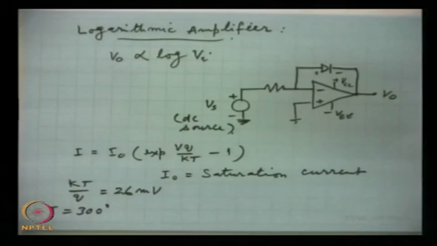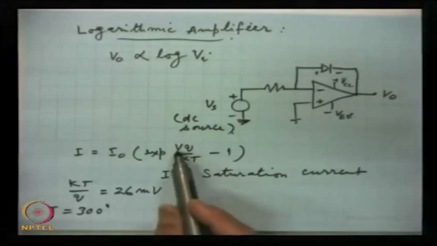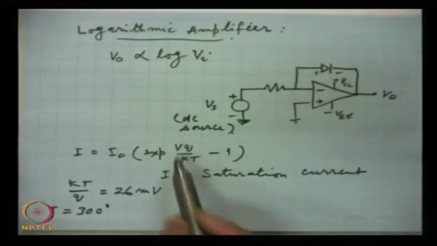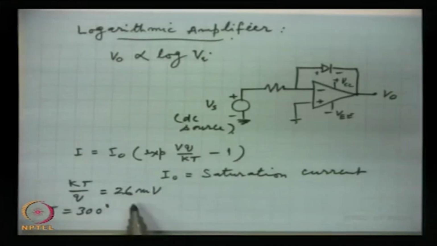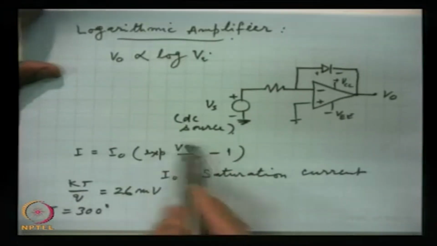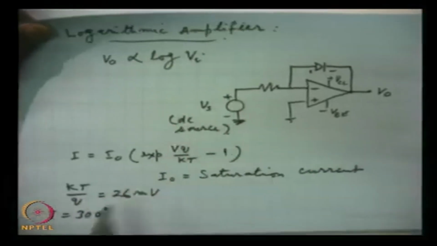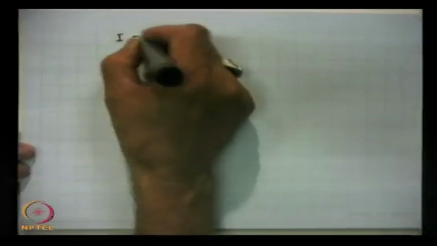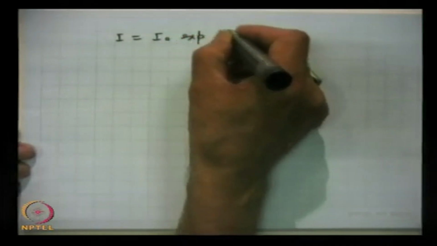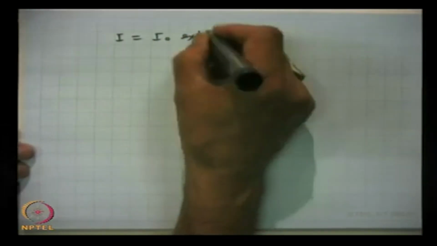As long as the applied voltage V is of the order of 500 millivolts or 1 volt, this 1 can be neglected because the exponential term rises very fast, so neglecting that 1, we can use the equation I equals I0 exponential (VQ by KT).